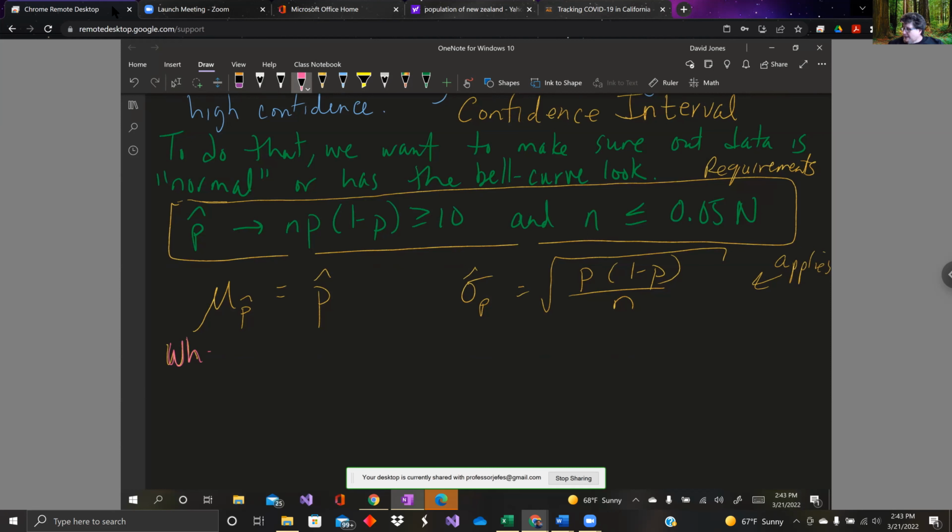What do I mean by being confident that my interval contains the true proportion?